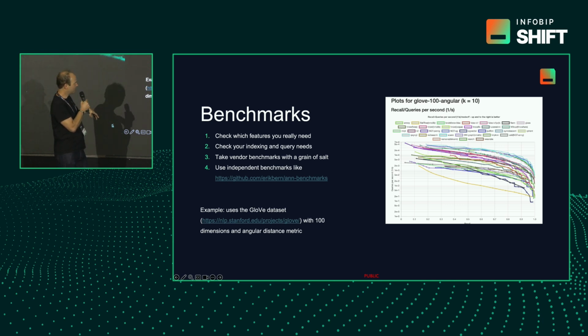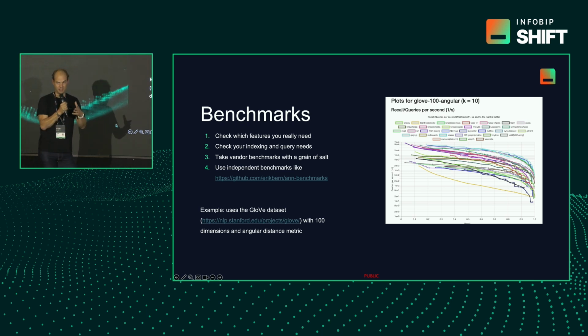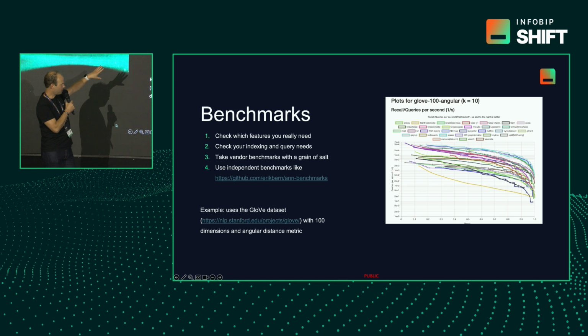So there are alternative benchmarks, like open source ones, and I just picked one by Eric Byrne. It's a widely acknowledged benchmark suite. So if you're interested in the performance of the vector database, so let's say you're trying to roll this out to a big web shop and you need to make sure this is going to be scalable for 50,000 concurrent users, and you're selecting technology based on that, do look for independent benchmarks.